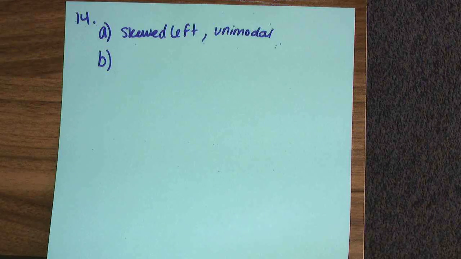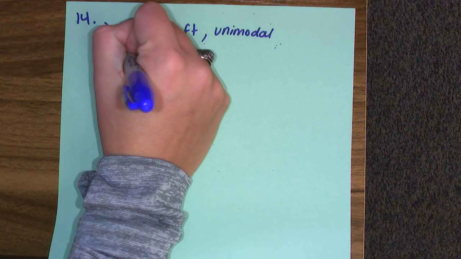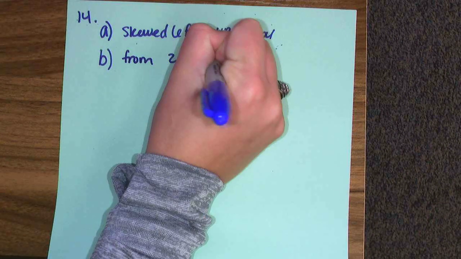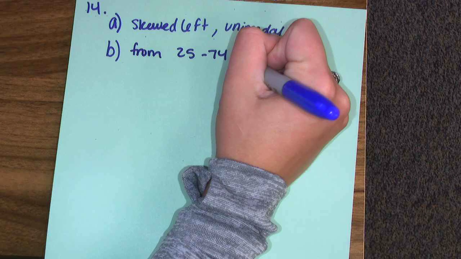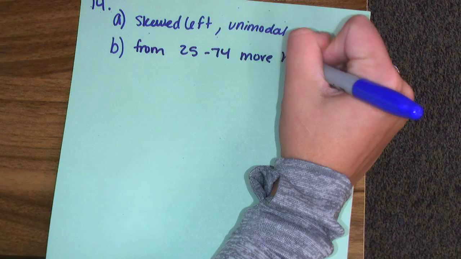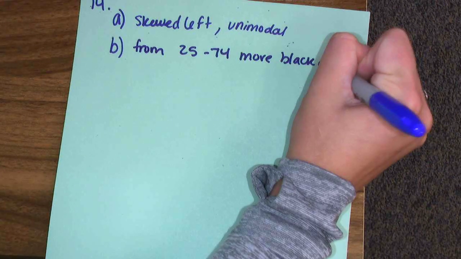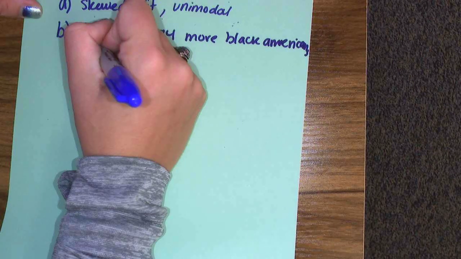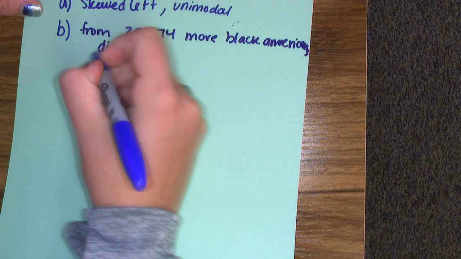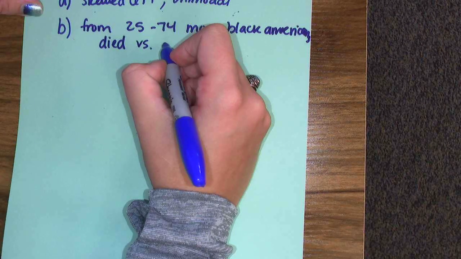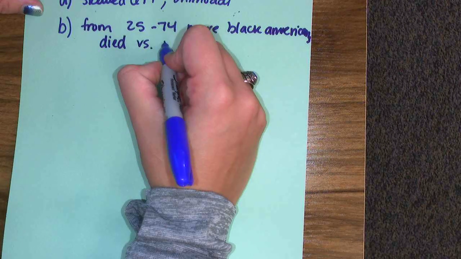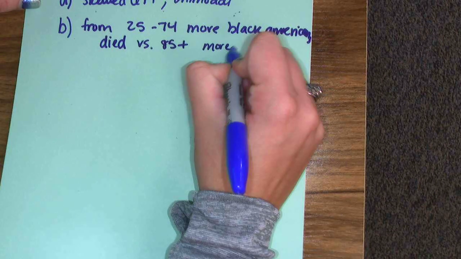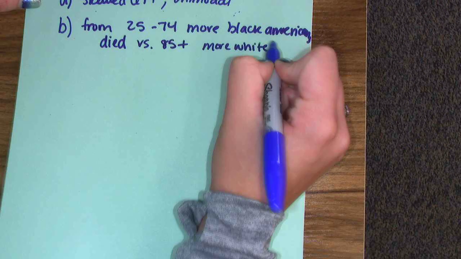Yeah. So there's more from 25 to 74, more Black Americans died versus 85 plus, more white Americans died.